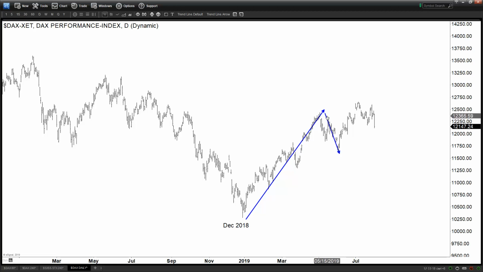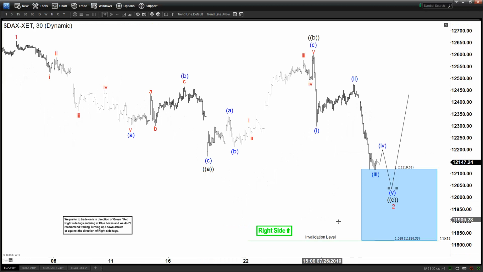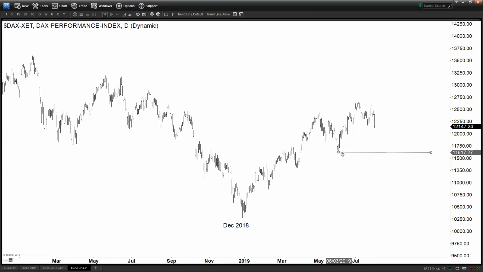And so ideally this current pullback should hold above this previous low here, which is on June the 3rd. If you take a look at the 1 hour chart, you don't really see the June 3rd low, but technically this is where it should be holding if we are going to get extension to the upside in the DAX.